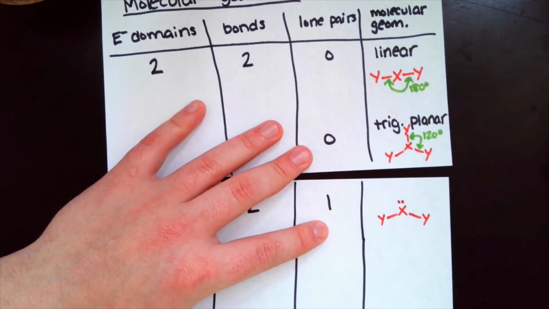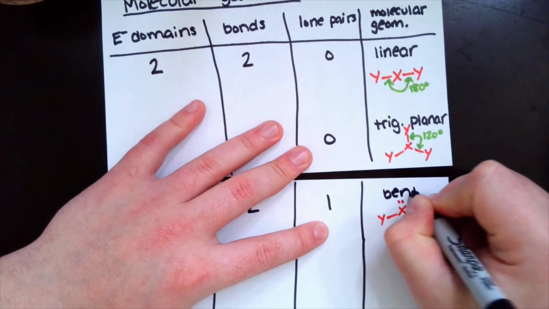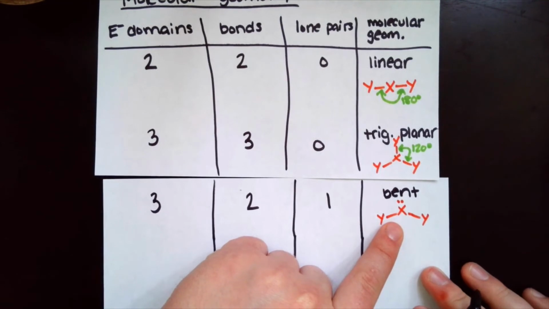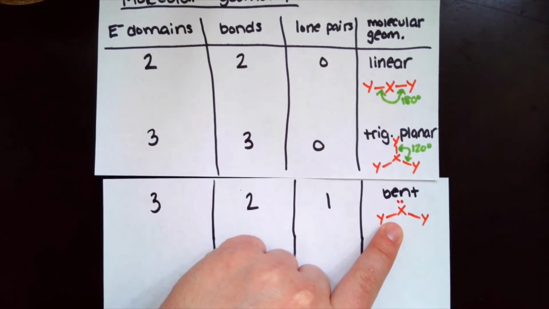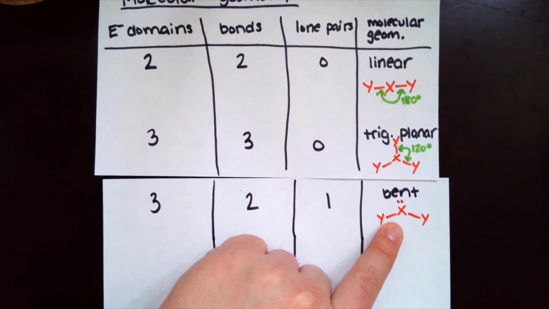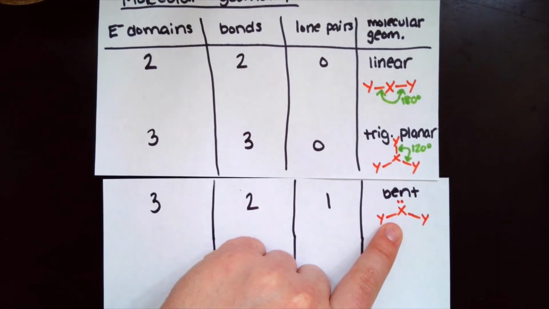That doesn't matter. So for right now, for the sake of this, I'm just writing single bonds. So this is called bent. Now remember, it still has an electron domain geometry of trigonal planar, because it still has just 3 domains. But now its molecular geometry is bent. And again, for the sake of this class, you can assume that bond angles are still all 120 degrees.